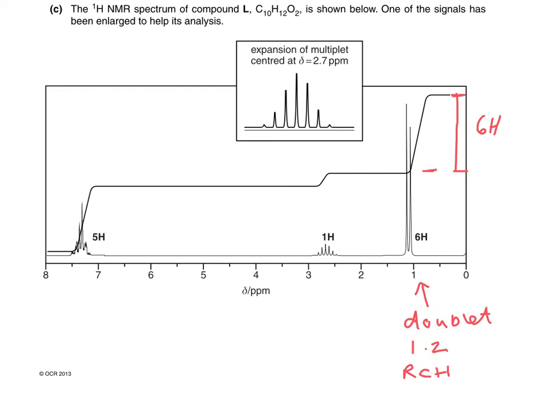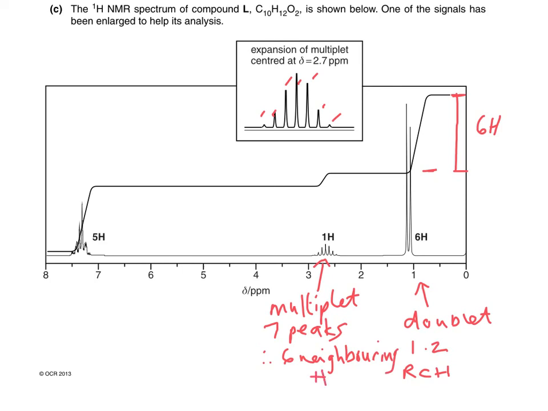Okay, now our next one, we've got a multiplet here. And the multiplet has actually got 1, 2, 3, 4, 5, 6, 7 peaks, therefore 6 neighbouring hydrogen.